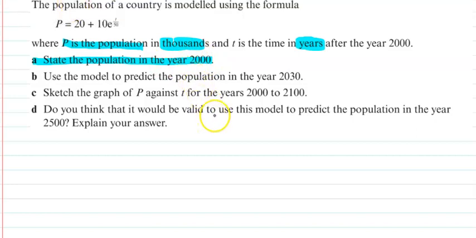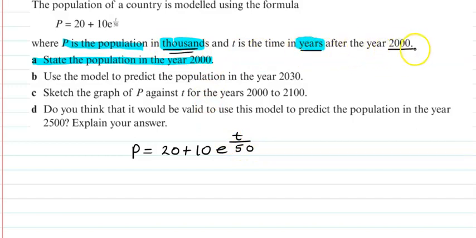So how are we going to do it? Let's write down the equation: P equals 20 plus 10 e to the power t over 50. P is population in thousands and time is in years after the year 2000.